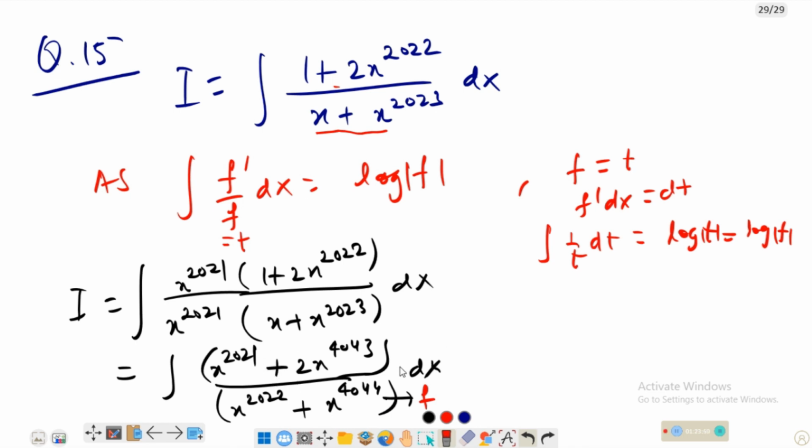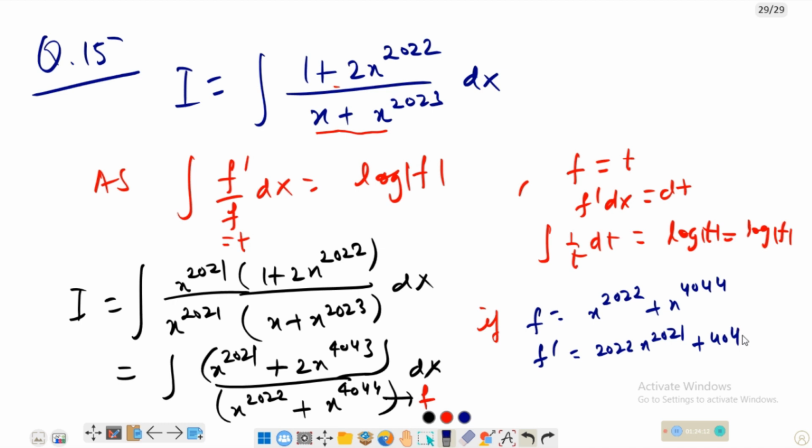So we need to verify this is our f dash. If we take f is equal to x to the power 2022 plus x to the power 4044, then f dash is equal to 2022 x to the power 2021 plus 4044 x to the power 4043.